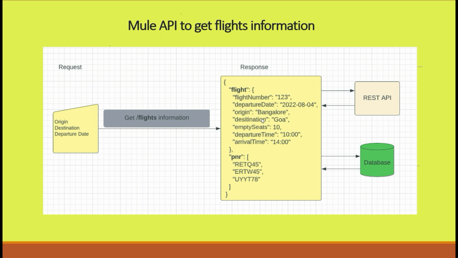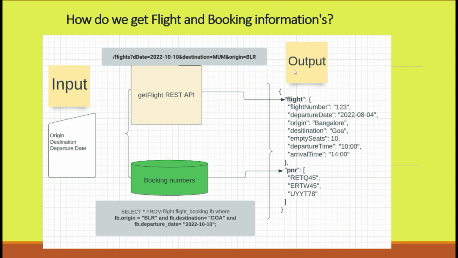We are getting origin, destination, departure date as a request, and we have built the response where we are getting flight information and the booking information. We are getting the flight information from a REST API and the booking information from the database call. So we are taking an input and integrating multiple systems, that is the REST API and the database call, and we are giving the consolidated response to the API consumer.